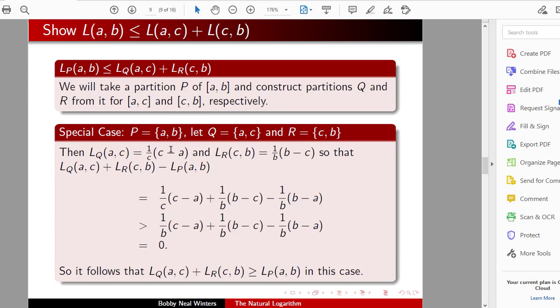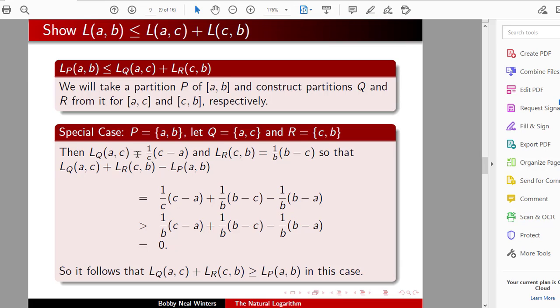We'll first start with a special case. Suppose P is equal to AB, then we let Q be equal to AC, where we just add the point C, and let R be equal to CB, again just having the point C there.